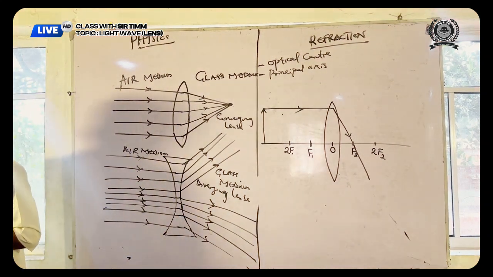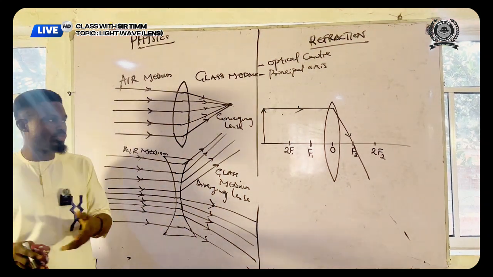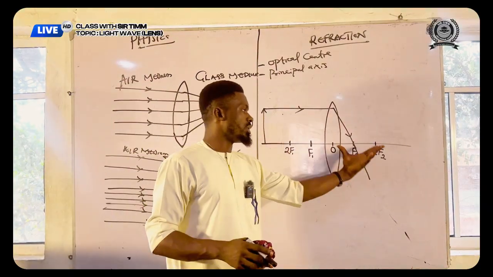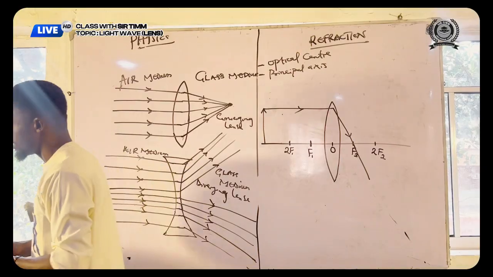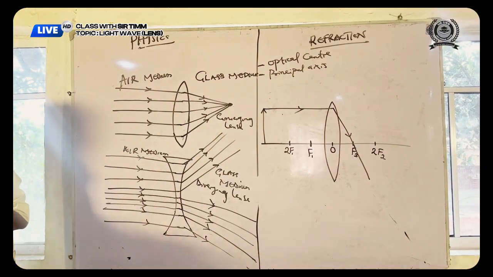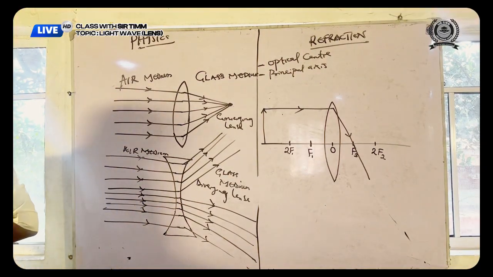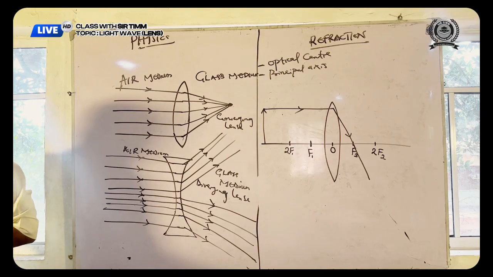It's very important. Here we have 2 foci. That is the nature of lens. You have 2 foci on the left and 2 foci on the right.